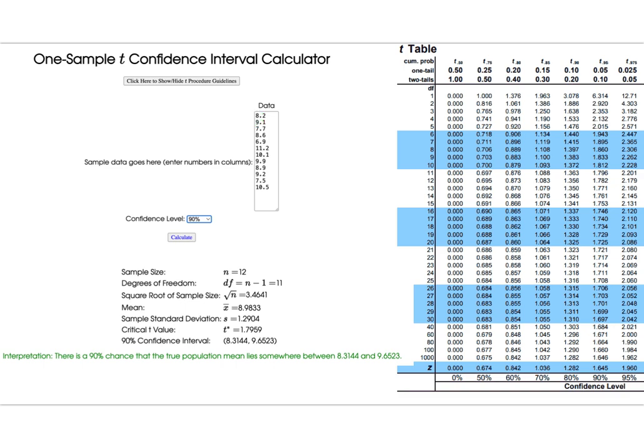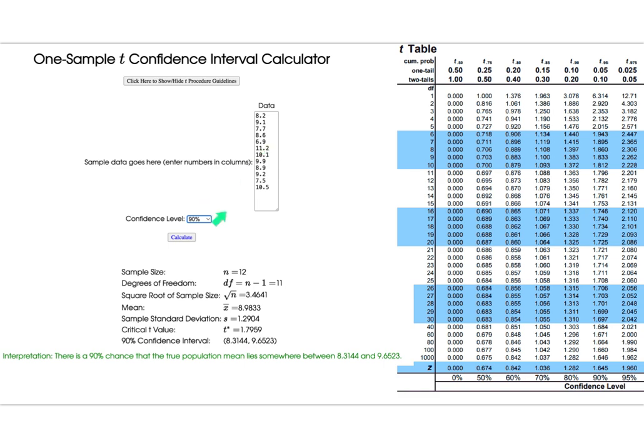And if it has the semicolons, that doesn't matter. The computer is smart enough to know that that's not a number. It's a way to distinguish one point from another point. But it'll insert all those data points in there. What you're going to do then is change the confidence interval to 90. And then when you're ready, hit calculate.